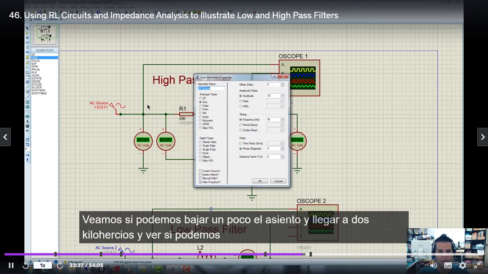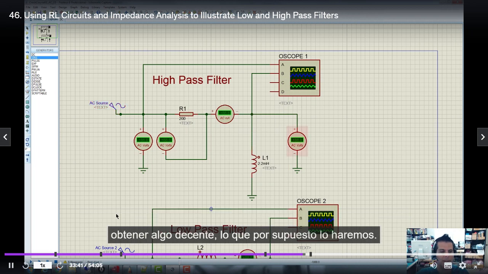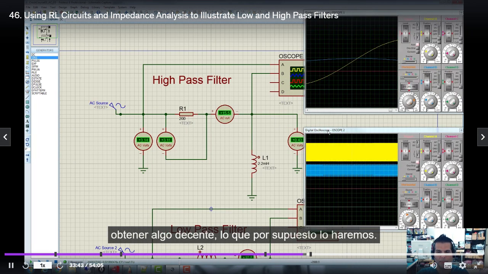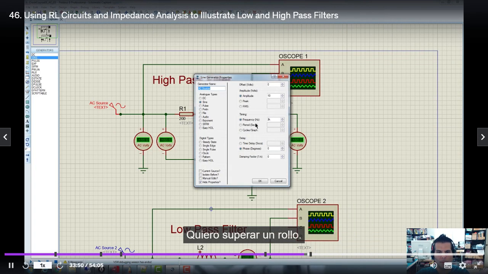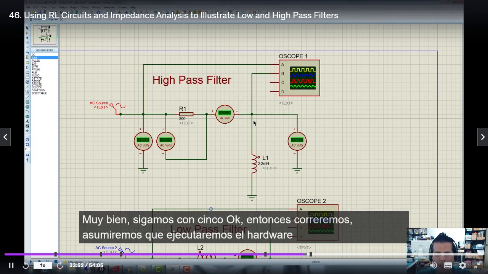Let's see if we can go a little bit lower. Let's see if we can go to like 2 kilohertz and see if we can get anything decent, which of course we will. And in that case, we're getting less than a volt, so I don't like that. I want to get over a volt. So, all right, let's stick to 5K.